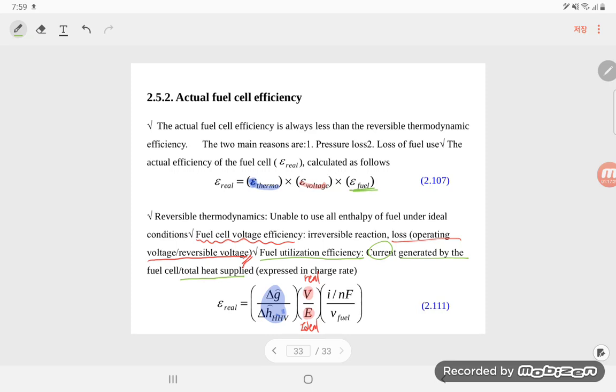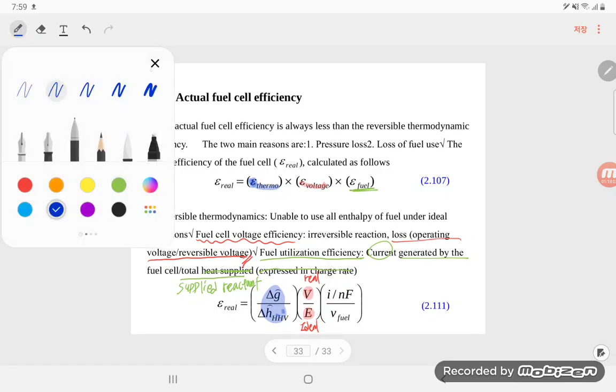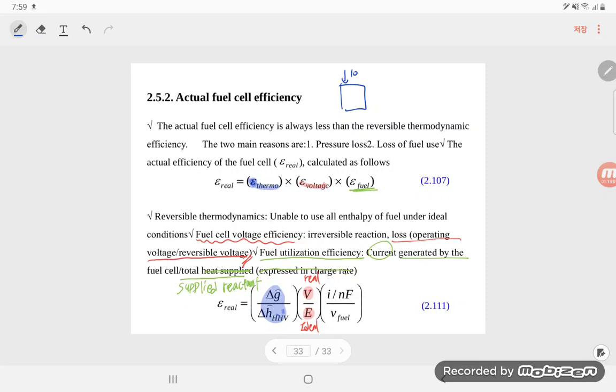Okay, what I mean is, if there is a fuel cell, and on the anode side or cathode side, we supply a rate of 100, and the current is generated at a rate of 50, and the unreacted gas goes out, right?